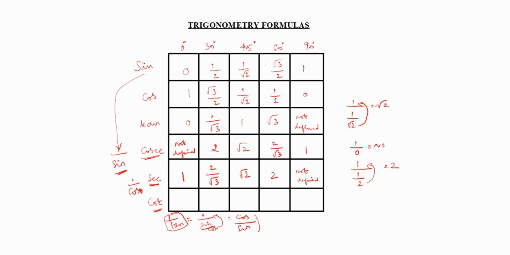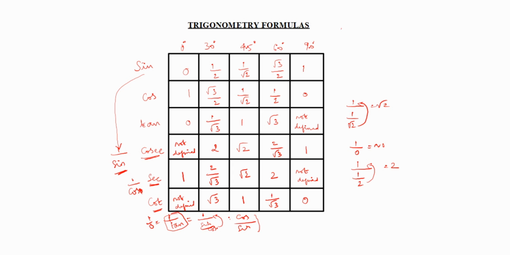So 1 by tan is 1 by 0. What is the value of 1 by 0? Not defined. 1 by root 3. 1 by 1/root 3 is root 3. 1 by 1 is 1. 1 by root 3 is 1 by root 3. This is 0.